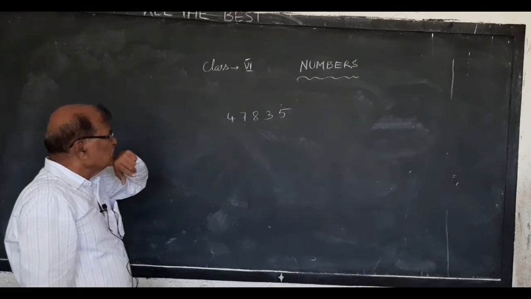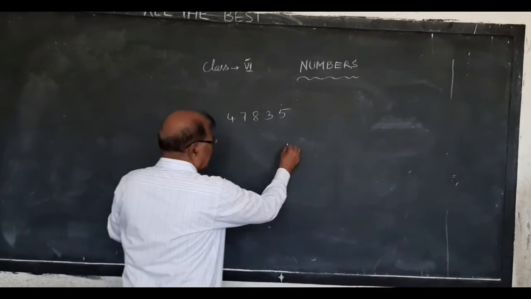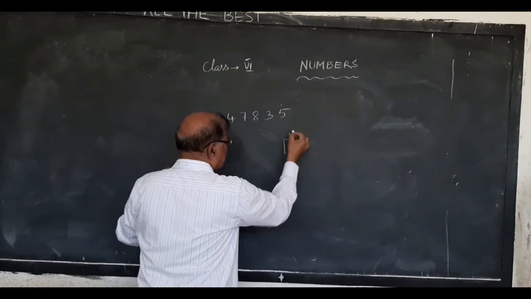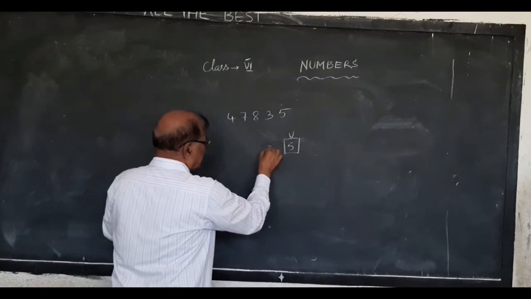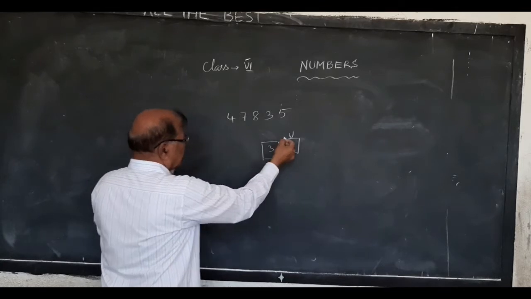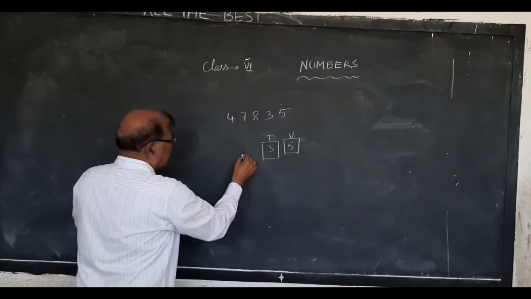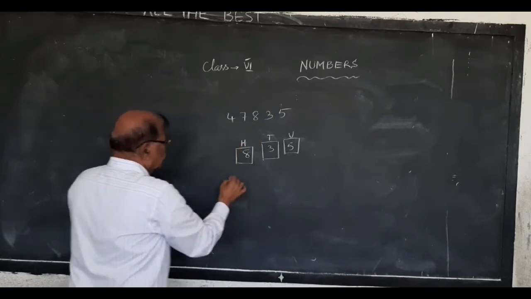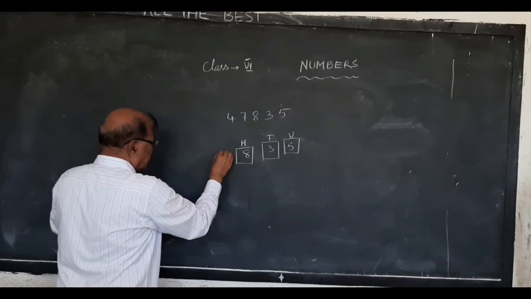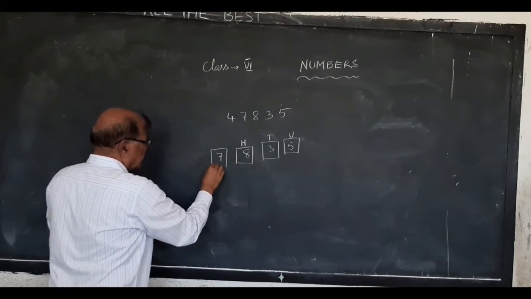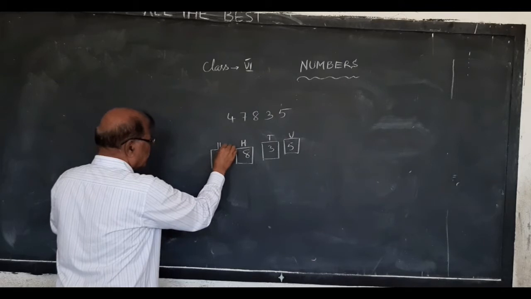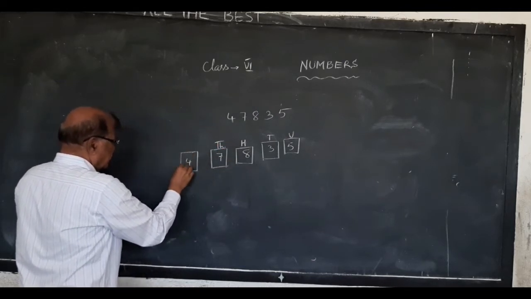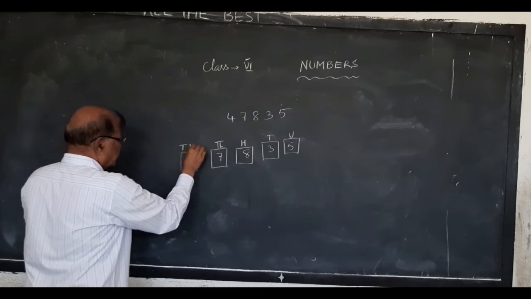How do you read this? In the units place you have 5. This is the tens place, which is 3. This is the hundreds place, which is 8. This is the thousands place, which is 7. And this is the 10,000s place, which is 4.